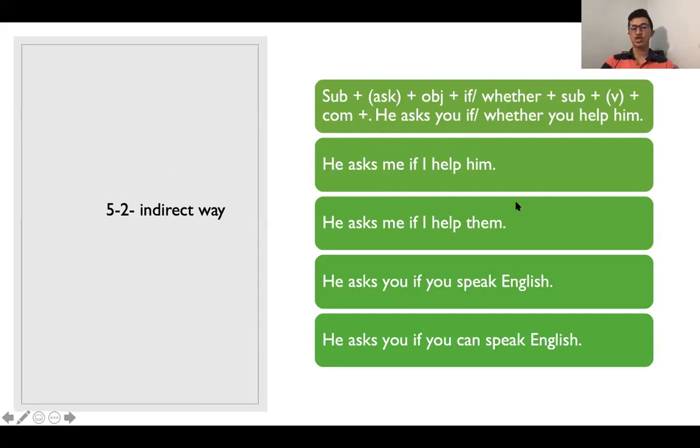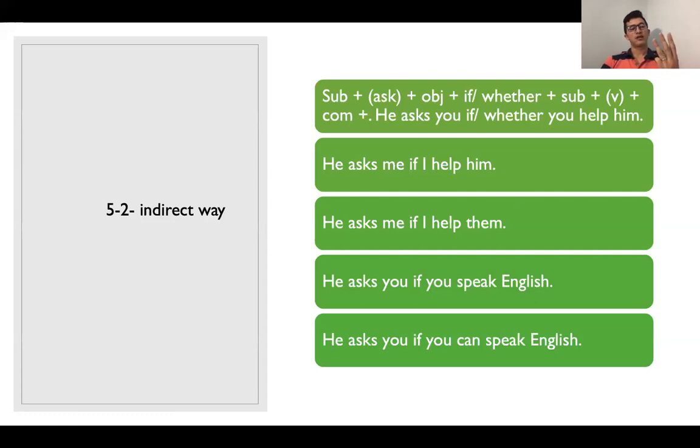Yesterday we studied the direct way like this, that we can say ask him if he can help me, okay? But today we say he asked me if I help him. He asked me if I help them. He asked you if you speak English. He asked you if you can speak English, okay?